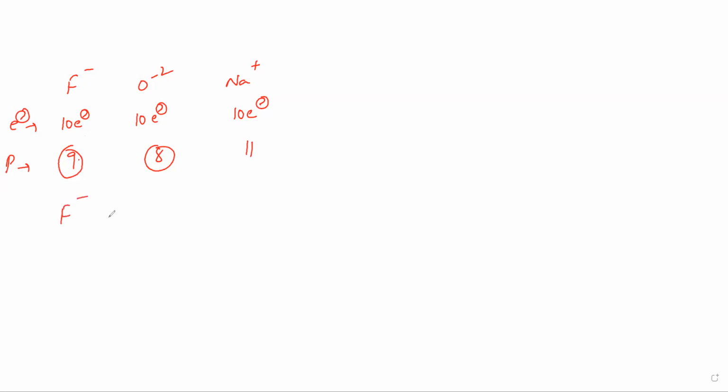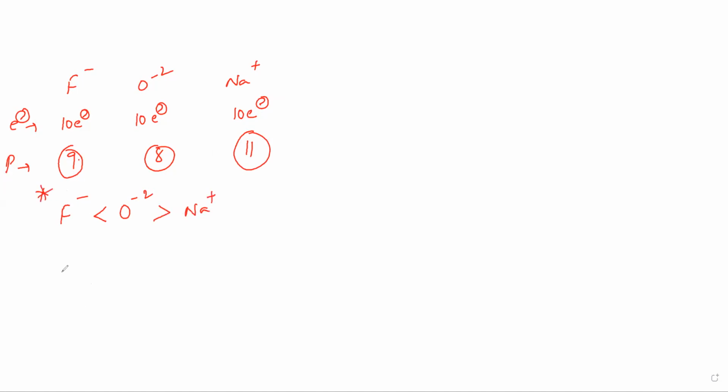That means F minus is less than O minus 2. When it comes to Na plus, it has 11 protons, which can attract more strongly. So Na plus will have a lesser size than oxygen, and O minus 2 will be greater than Na plus. So this will not work out here.